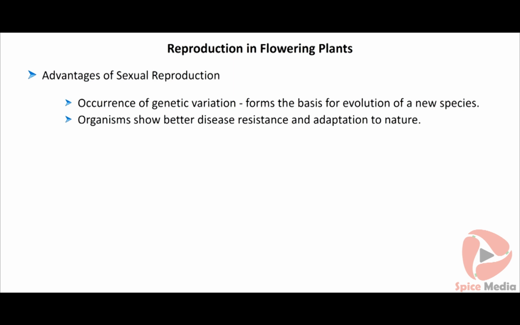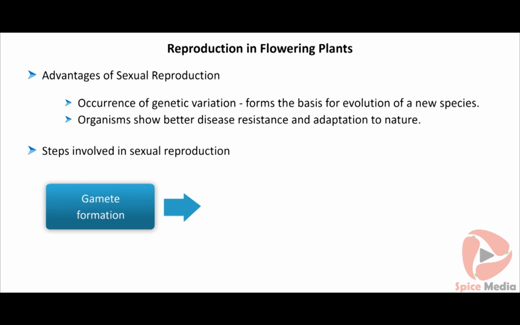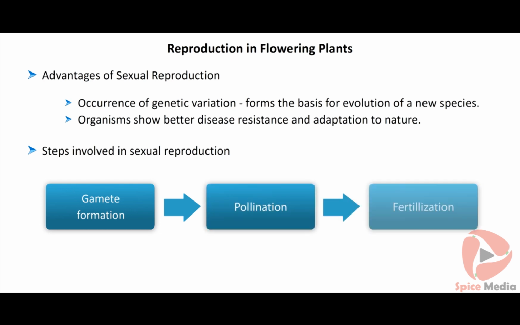The above discussed points show that sexual reproduction is more advantageous than asexual reproduction. Sexual reproduction takes place in three main steps. They are gamete formation, pollination, and fertilization.